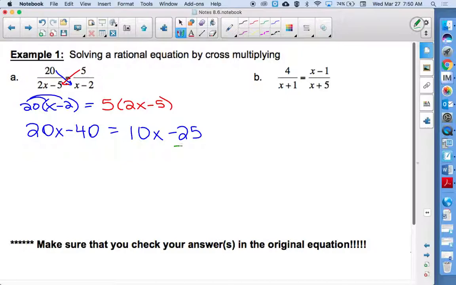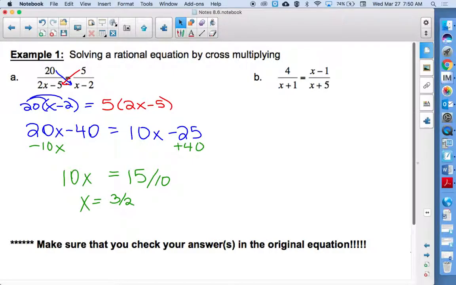Yep. So she said move the 40 over, so you get 15. And then when you divide, what did 15 tenths reduce to? That reduces to 3 over 2.